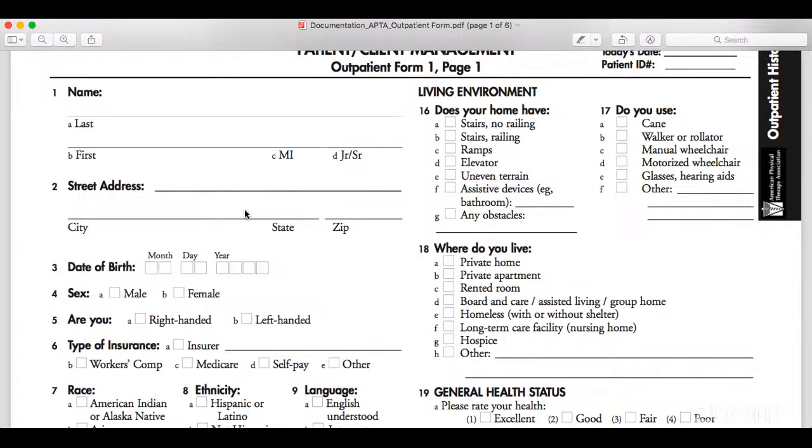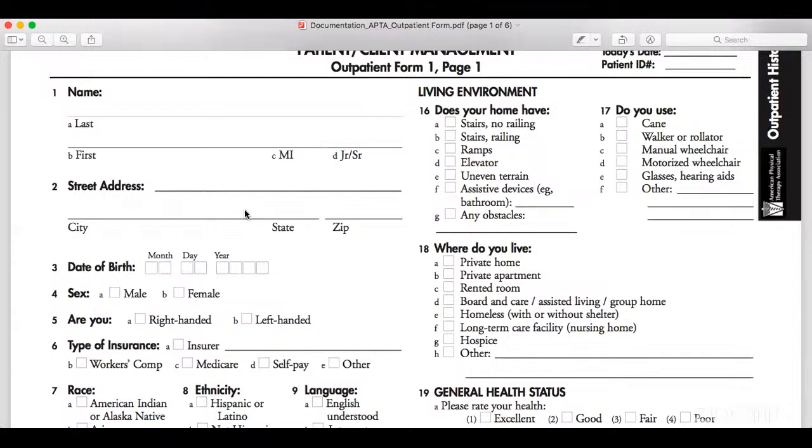The higher the age, the more you think of cardiovascular and neurological conditions. The lower the age, the more you think of musculoskeletal problems. Gender: females are more prone to cardiovascular diseases. Males are more prone to musculoskeletal injuries. So all this, as you are collecting that information, you are thinking.